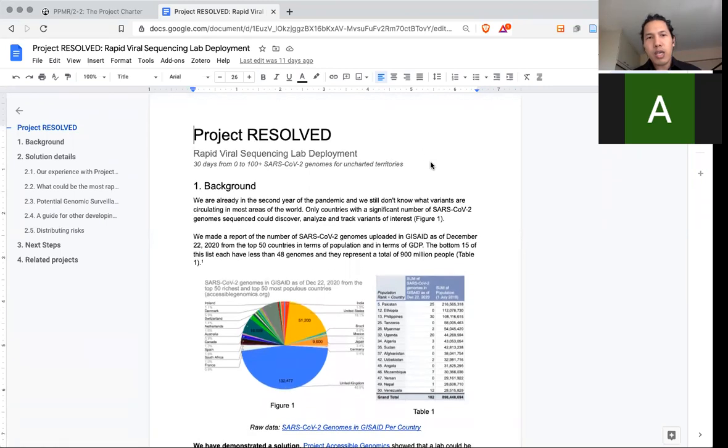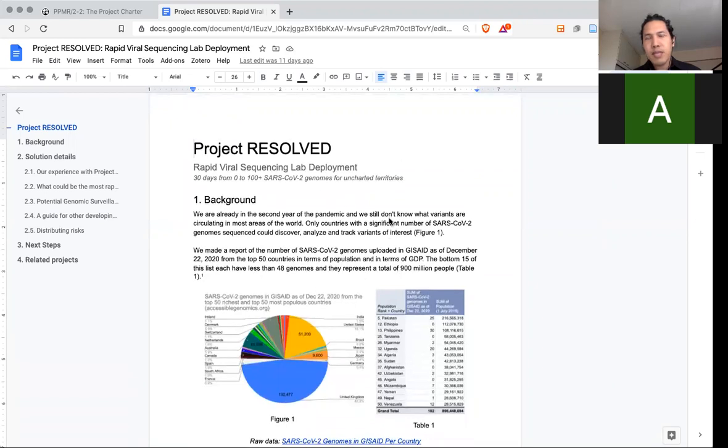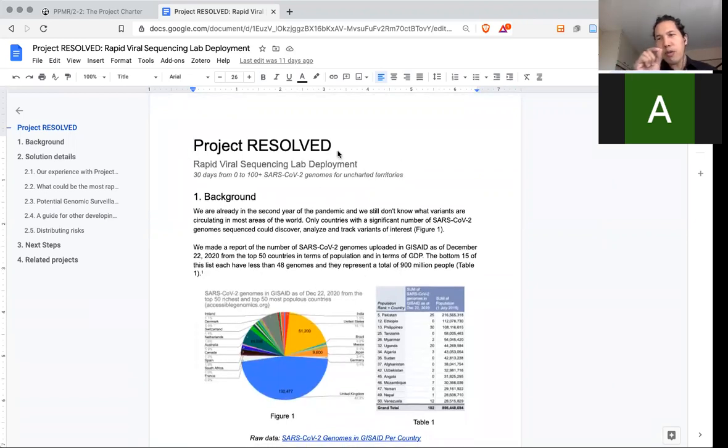Here, because I knew this one would involve a lot of people, I made a name for it, Resolved, although it isn't an exact acronym of this one. It was easier to remember.